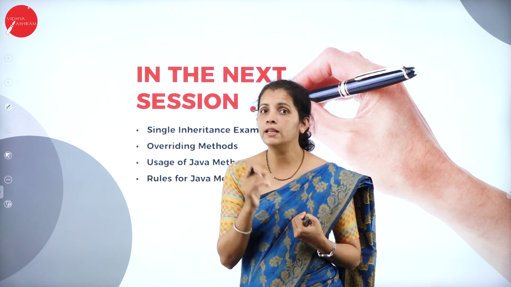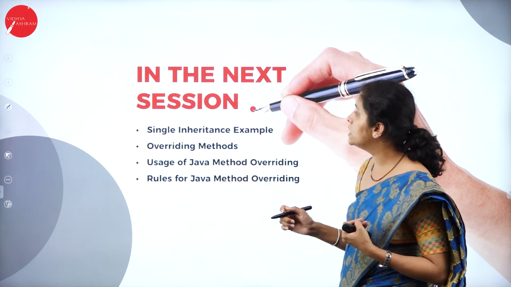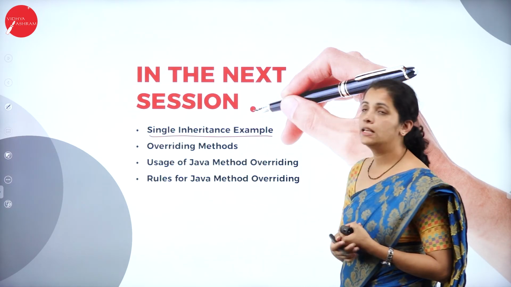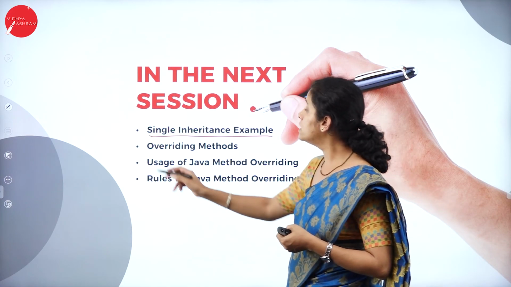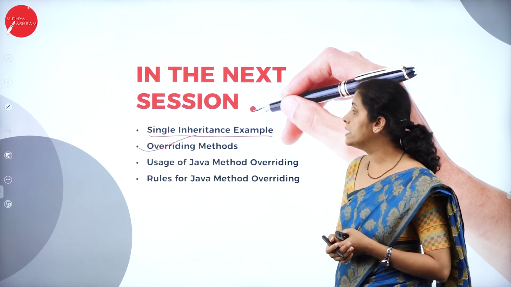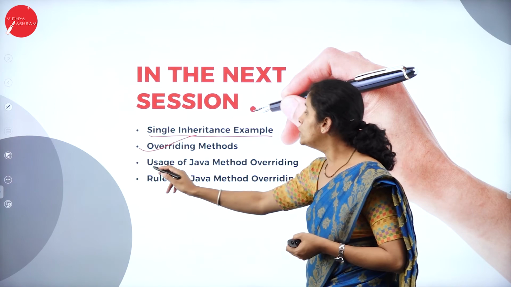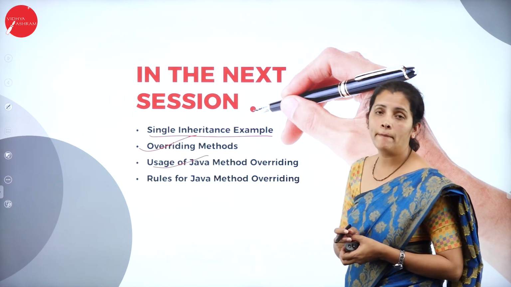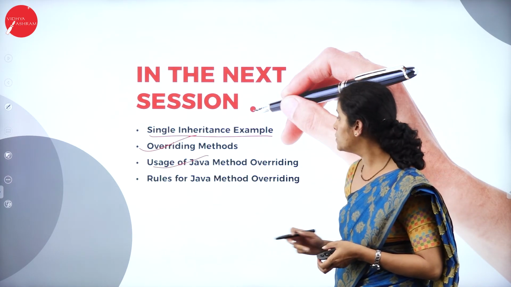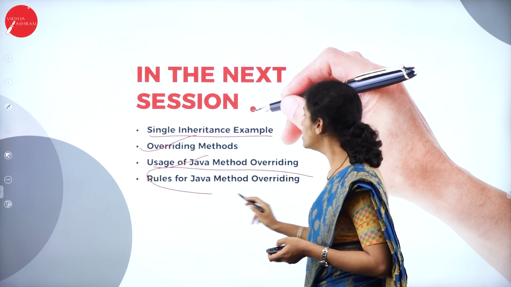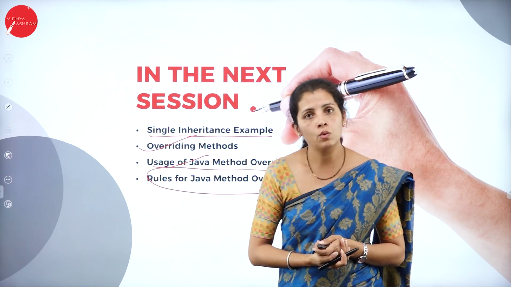In my next session, I'm going to deal with single inheritance with an example, what method overriding is, as well as the usage of Java method overriding and the rules for Java method overriding.